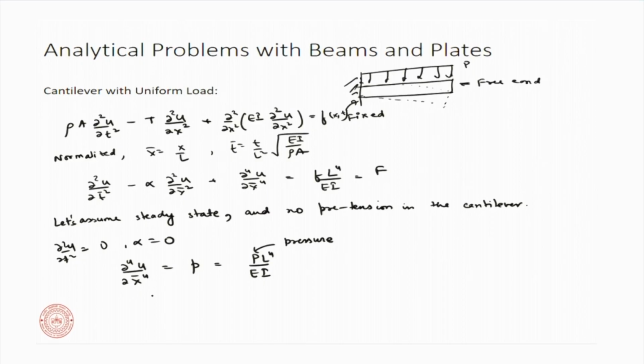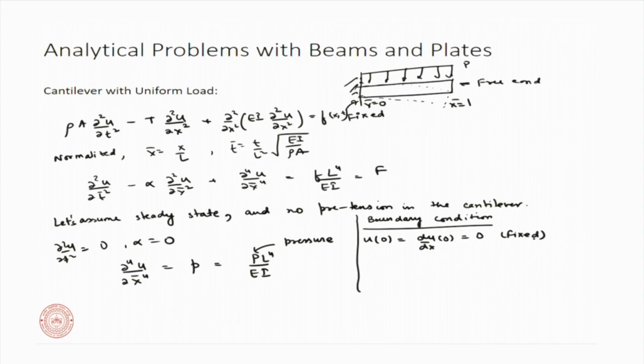This is a fourth order derivative. We will need 4 boundary conditions. So, our boundary conditions will be, so it is fixed at the left end. So, this is x bar equals 0 and this is x bar equals 1. So, boundary conditions will be that u of 0 is equal to du by dx of 0 is equal to 0, that is your fixed condition.